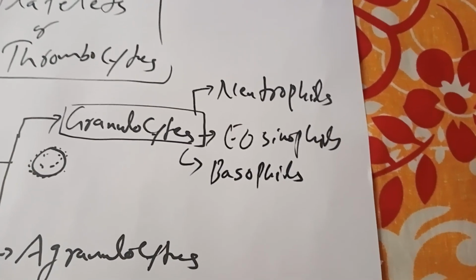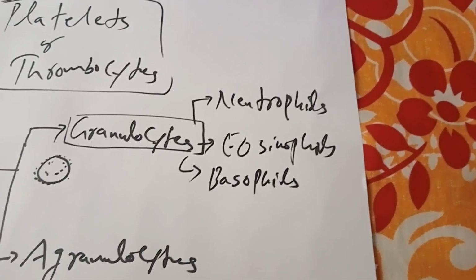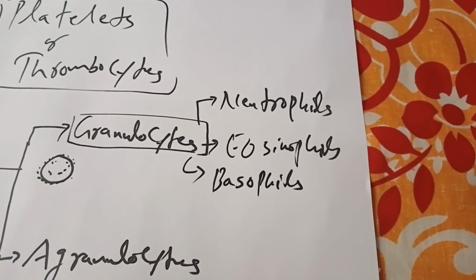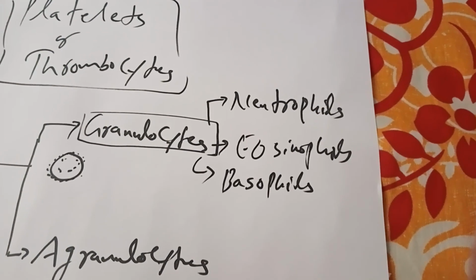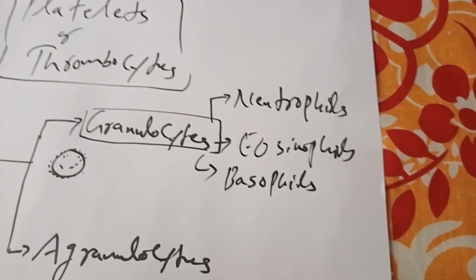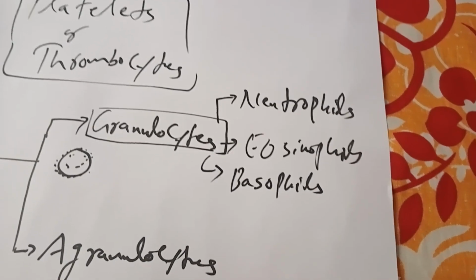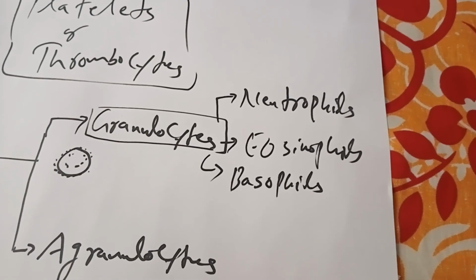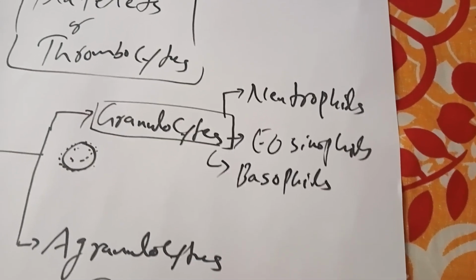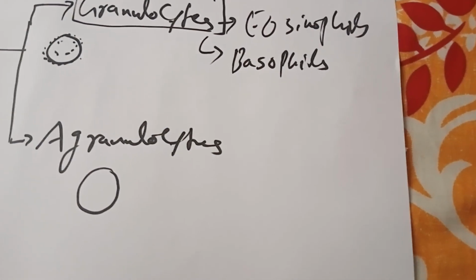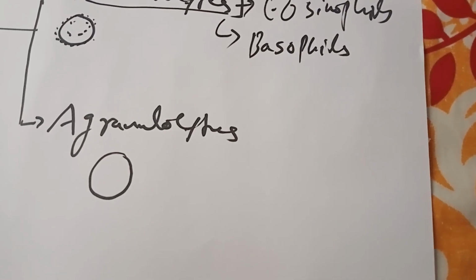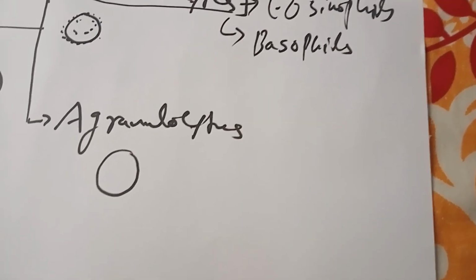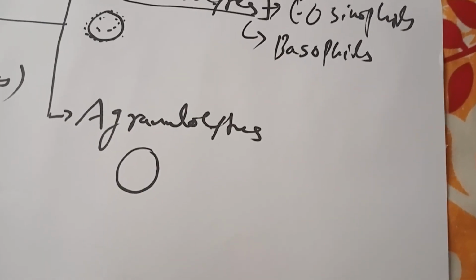These are examples of granulocyte WBC. They have granule-like structures on their surface. So: neutrophils, eosinophils, and basophils. Now we know about examples of agranulocytes: lymphocyte and monocyte.